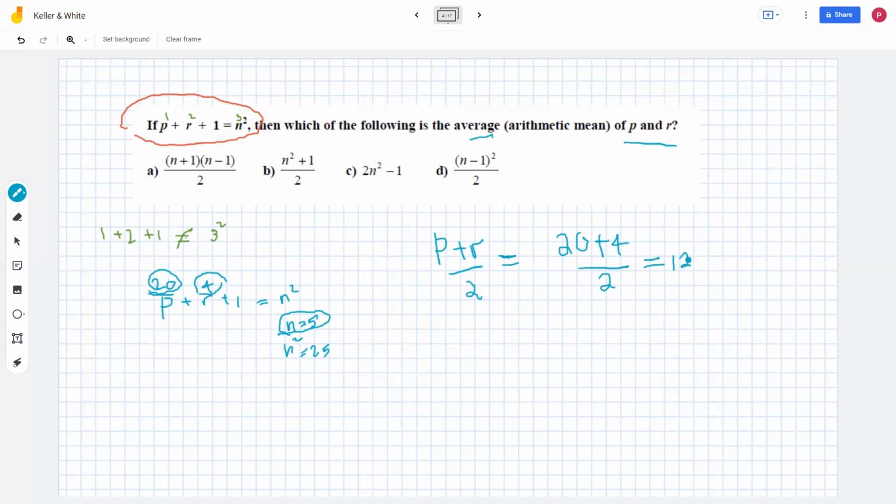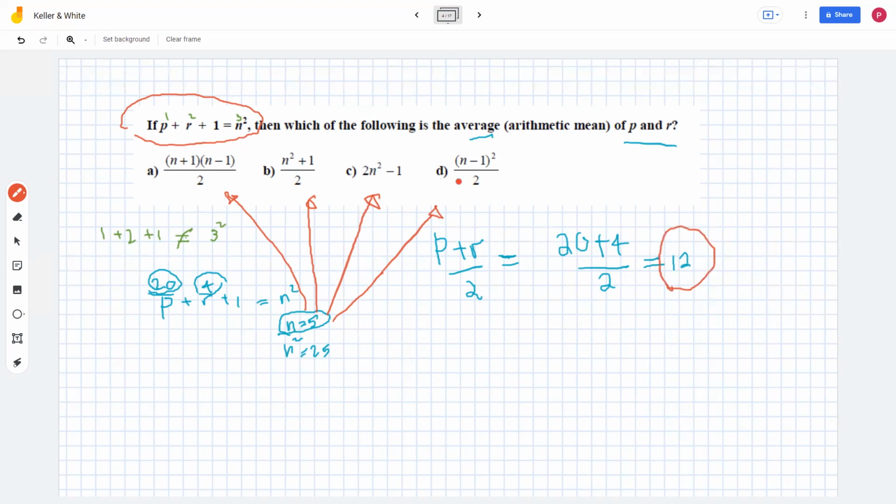And I look at the answer choices, and I don't see a 12. Oh, that's right. They all have n's in them. I have to remember what I used for n. Oh, good thing I wrote it down here. I'm going to take n equals 5 and plug it into all 4 answer choices, hoping that only one of them turns out to match our answer, which was 12.